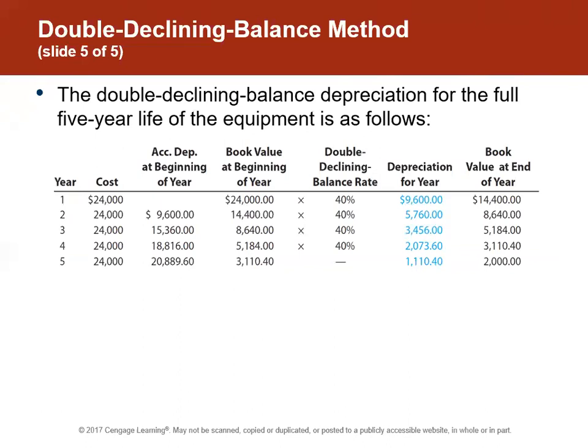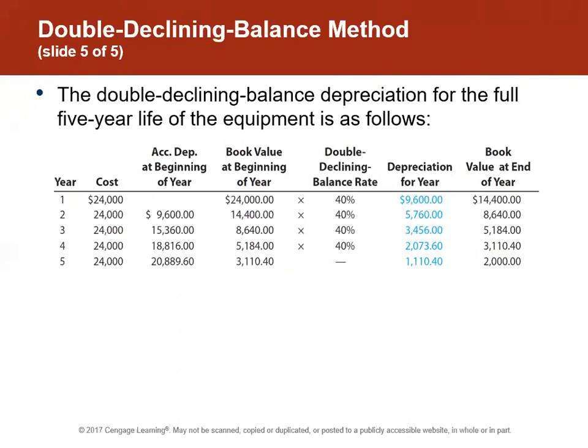The only part that gets tricky with double declining is notice in year 5 it took out the rate. Well, what we do at the end here, in year 4, we see our book value is 3,110.4. Well, we can't ever depreciate an asset beyond its depreciable cost.